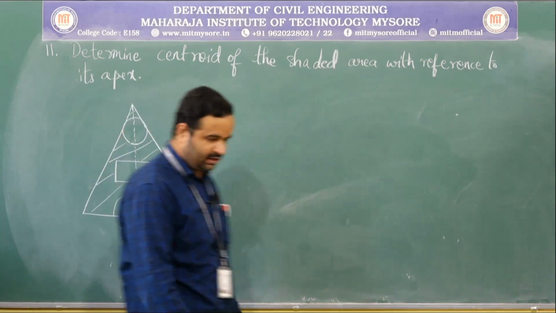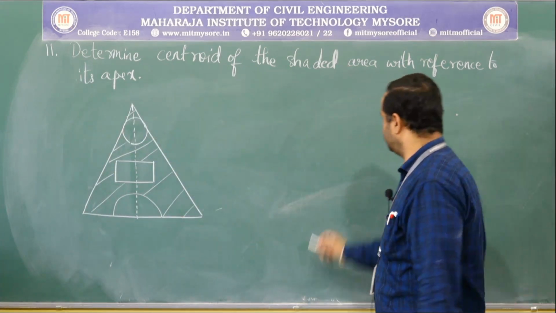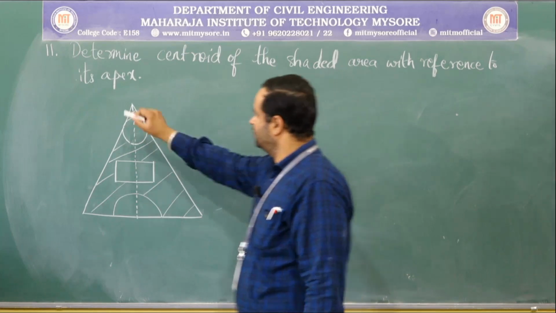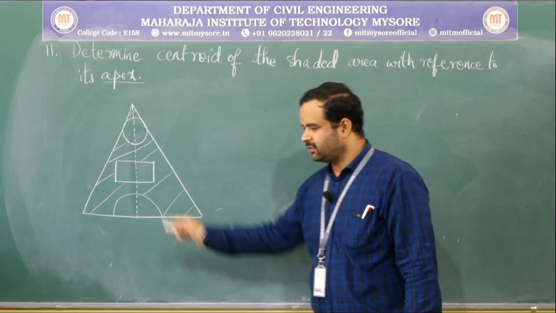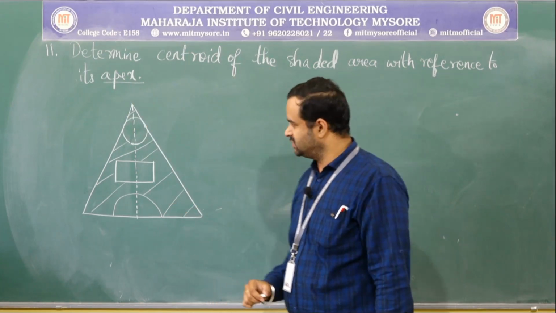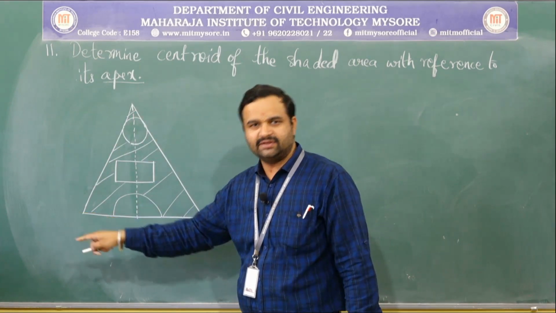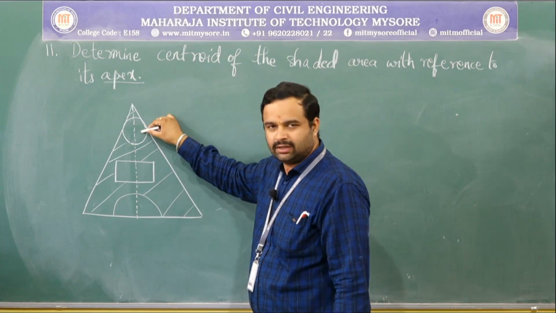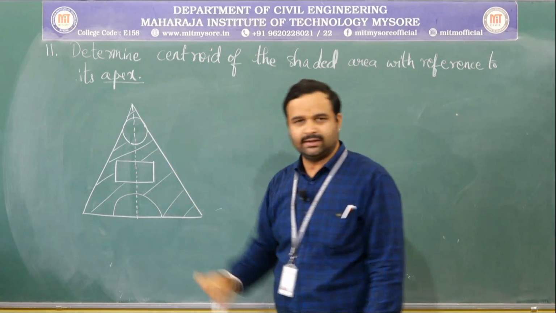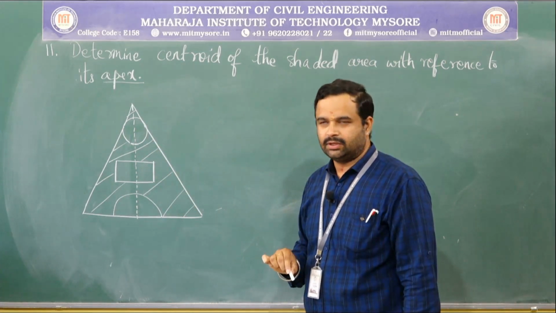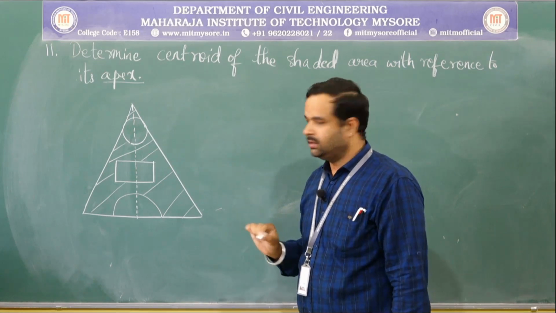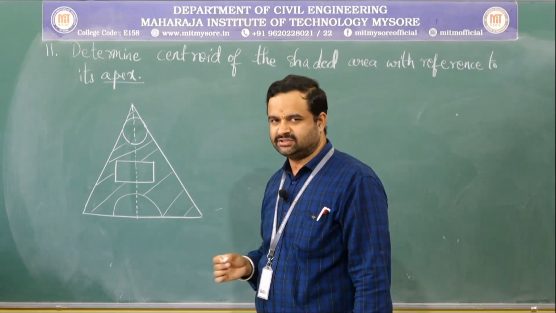So, this is the shaded area, and they have specified clearly that you have to determine the centroid with respect to its apex. So, if you observe this figure, we can see that there is a triangle in which we have to remove a circle, a rectangle and a semicircle. Okay? So, please be careful, and let me write the dimensions now.